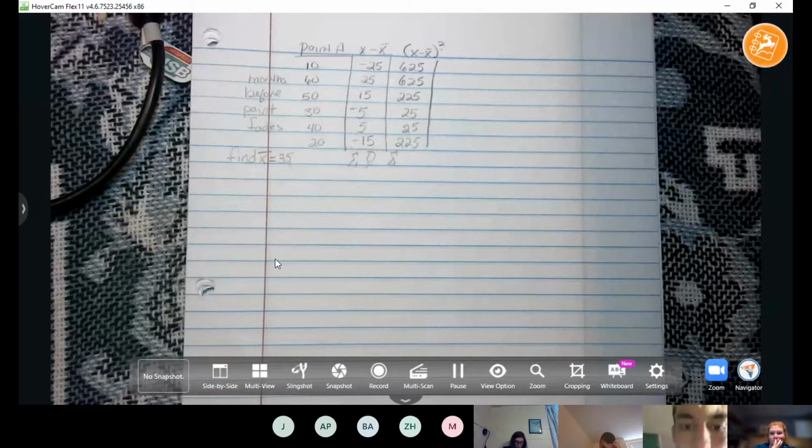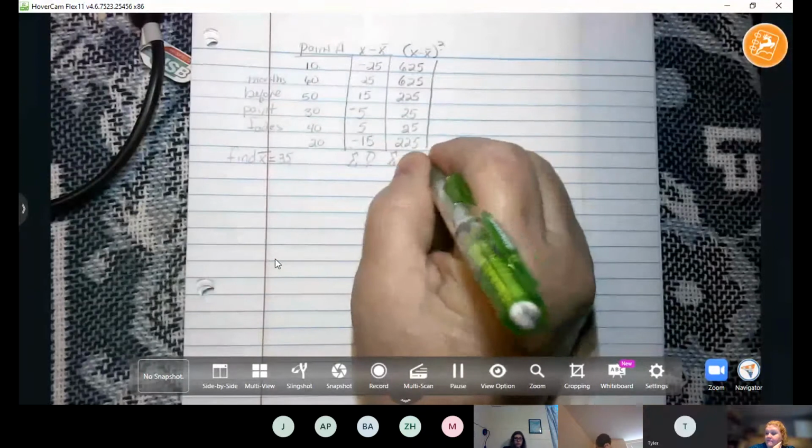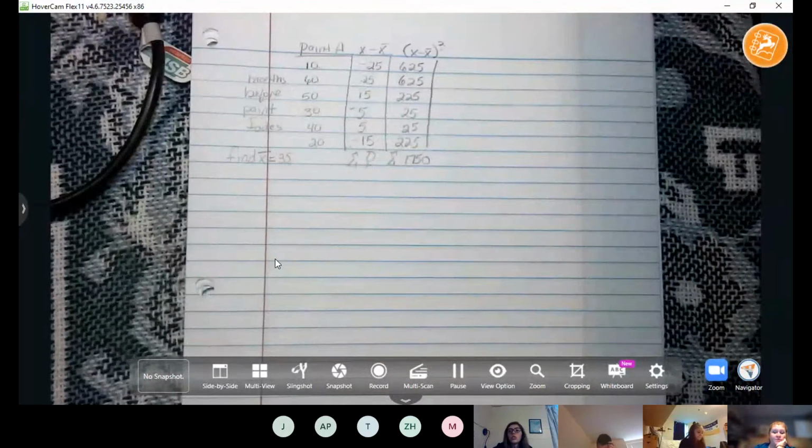I got 1750. That is right. Everybody get that? When you add that column up, everyone should have gotten 1750.